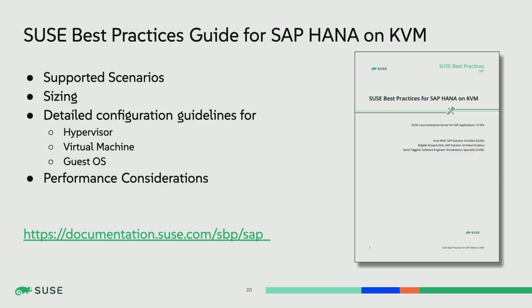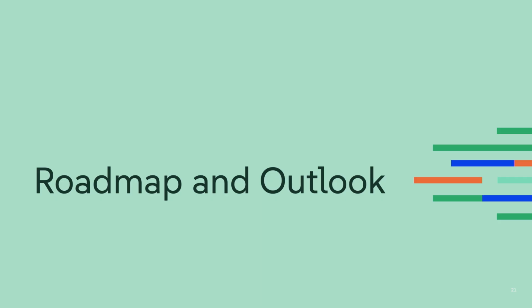We may change that in the future for better visibility. So we are going through a lot of hoops and loops to really achieve optimal performance, to really achieve those KPIs that SAP mandates on us.